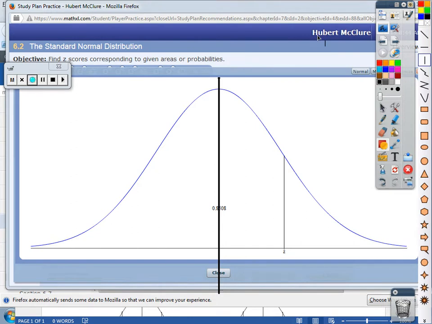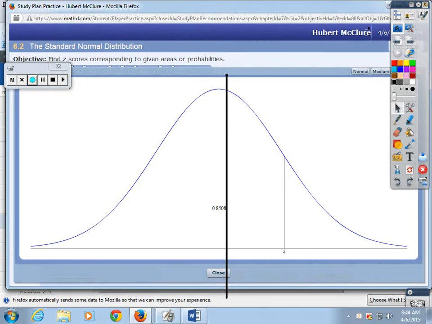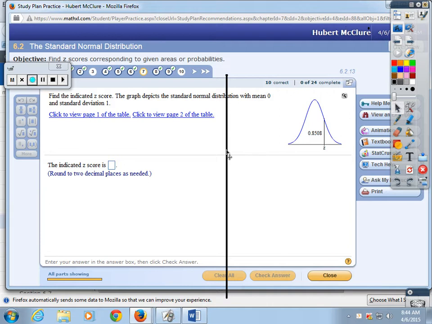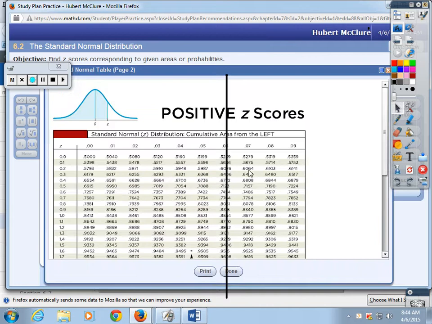And the reason we know it's positive is it's to the right of the 50%, right of 0. So we go to our handy dandy positive z-score finder. There we go. And go to it, and even if you don't have a table, there it is.